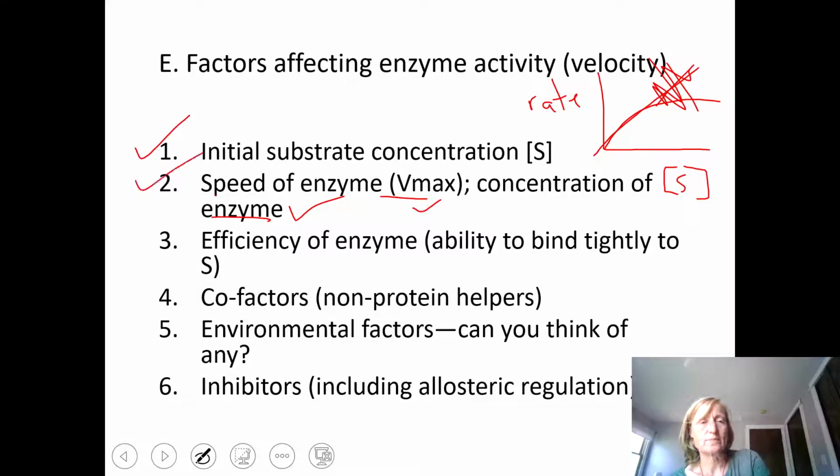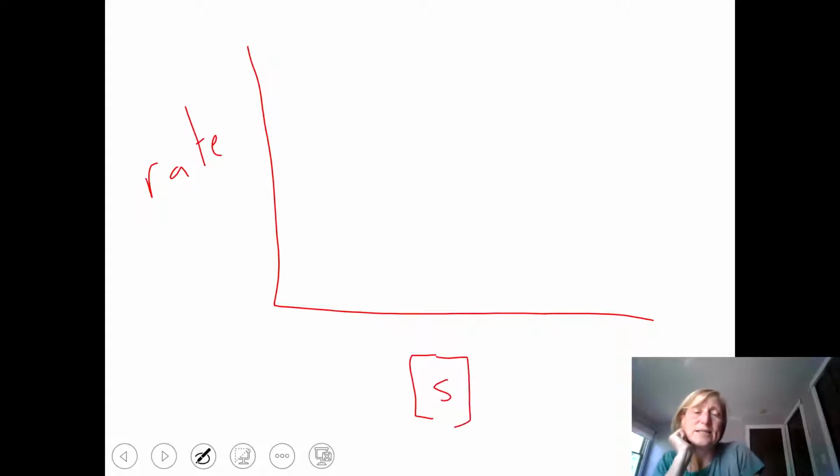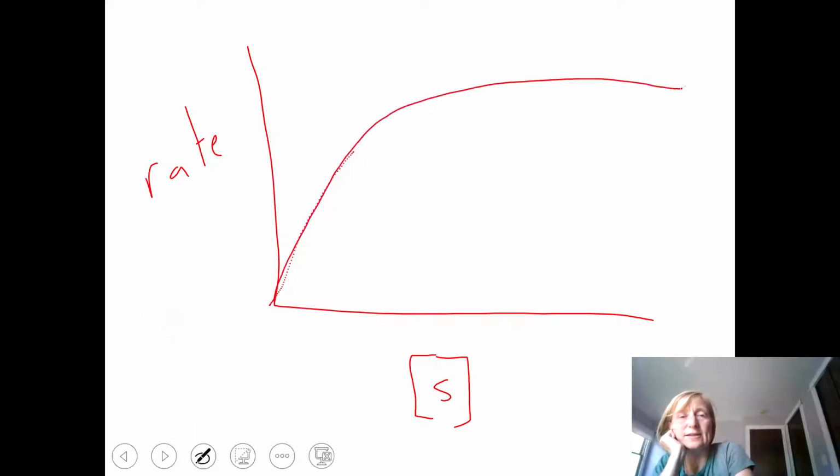Here's a third one, the efficiency of the enzyme. What does that mean? Okay, now suppose we have two enzymes. Maybe they're the same enzyme from different species. And we're looking at the rate of the reaction as a function of substrate concentration. And we see two curves for our two enzymes. One curve looks sort of like this.